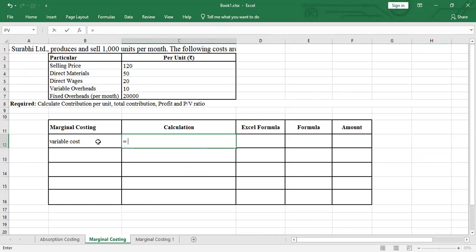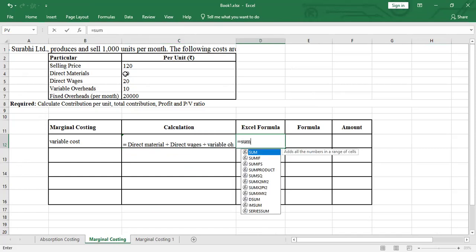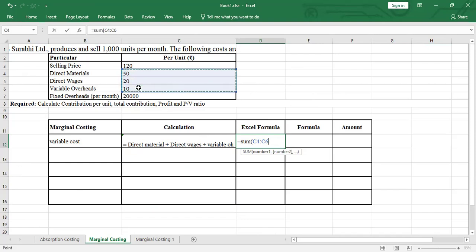Variable cost means all the costs which are variable in nature: direct material plus direct wages plus variable overhead. If you add that, 50 plus 20 plus 10, we will get 80 rupees.